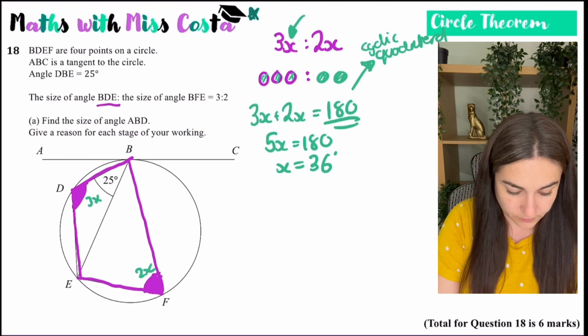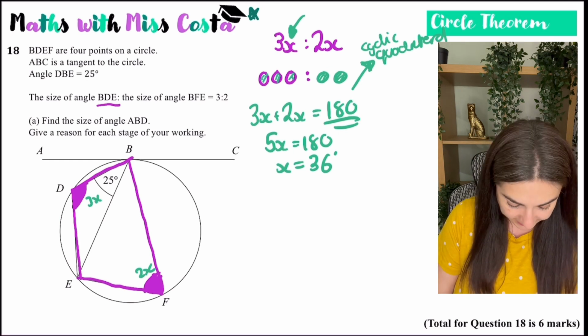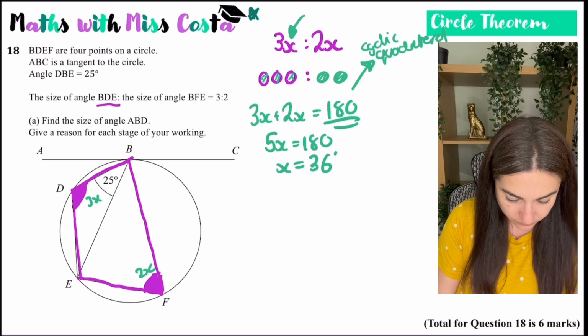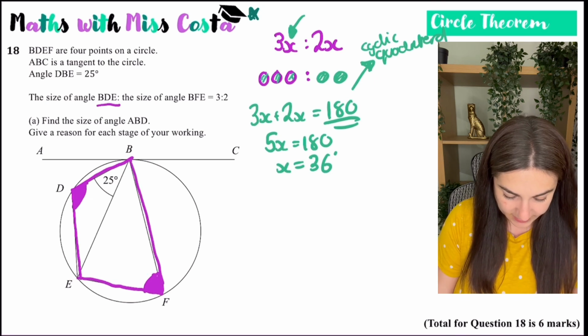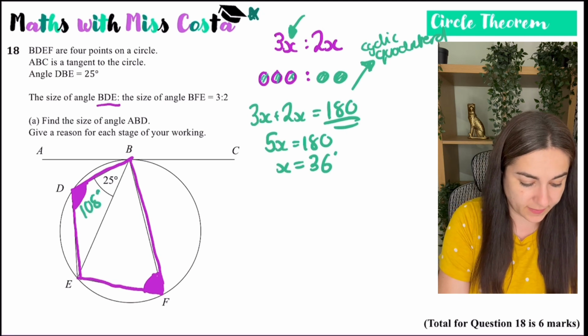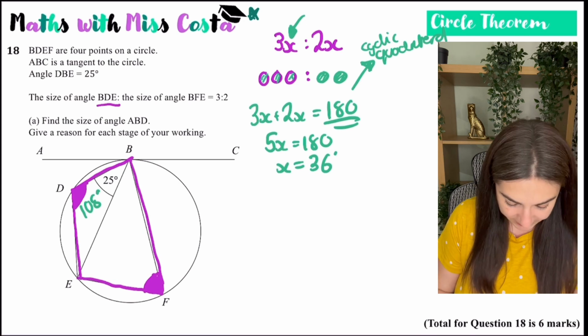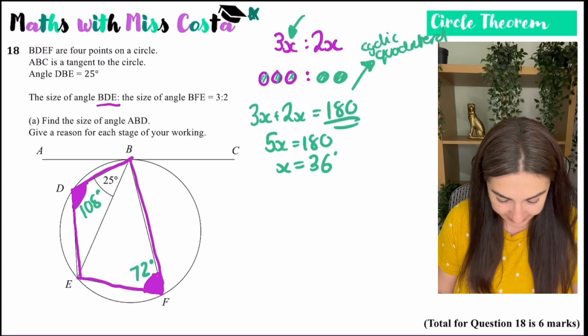Therefore, 3 times 36 is 108, so this angle here is 108 degrees, and then 2 times 36 is 72, so this angle here is 72 degrees.